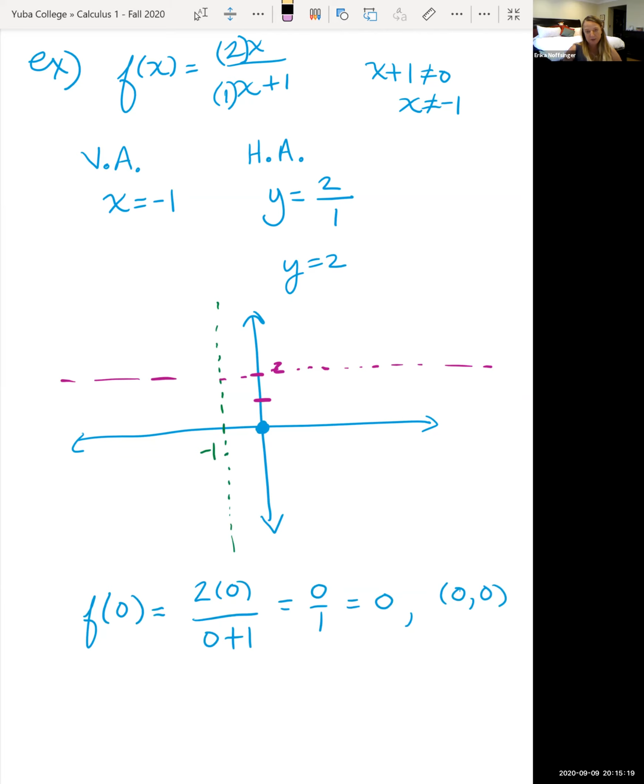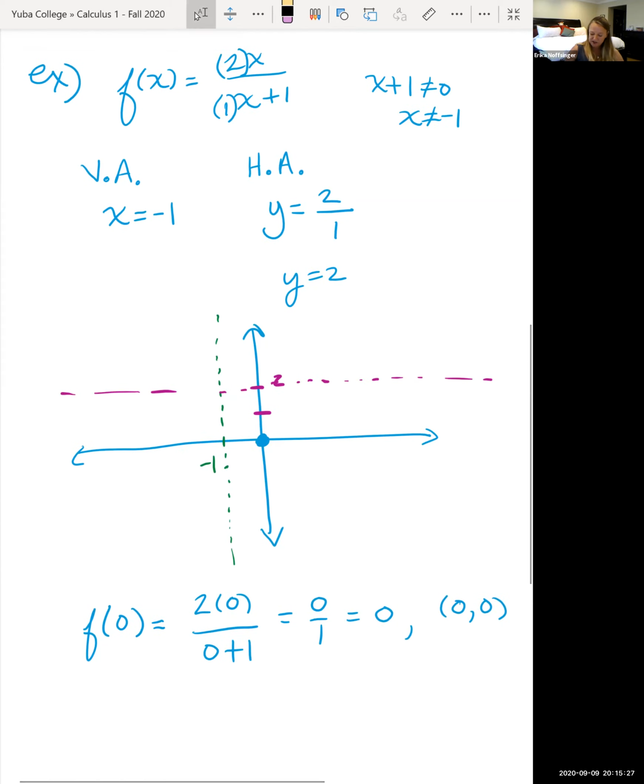For the x-intercept, that's going to occur when my numerator is equal to 0. We set y equal to 0 and solve for x. When I do that, I get 0 equals this rational function, 2x all over x plus 1. If I cleared my fraction and multiplied both sides by my denominator, x plus 1, I have 0 times my denominator, which is 0.